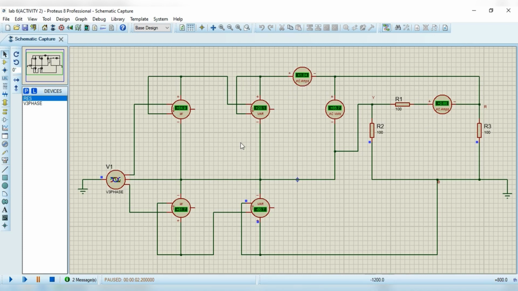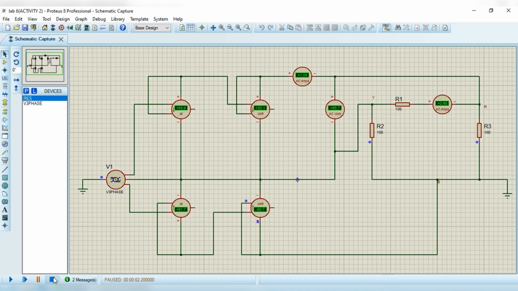For the power we get 64.9 plus 61.7, and we get 126.6 watt, and for the VAR, 20.1 plus negative 60.7, and we get negative 40.6. Okay, that's all for activity 2 lab 6.